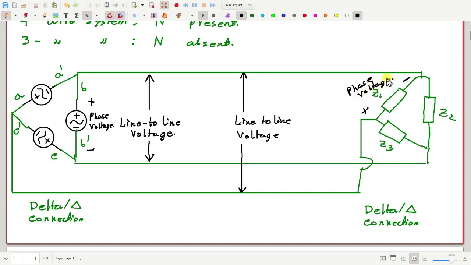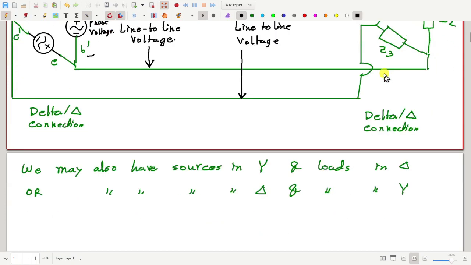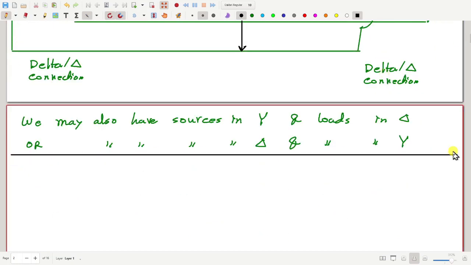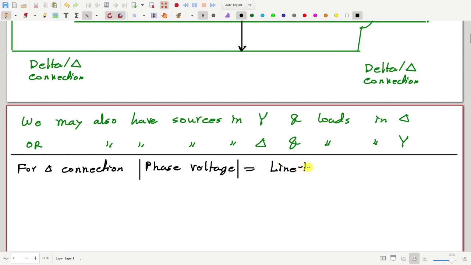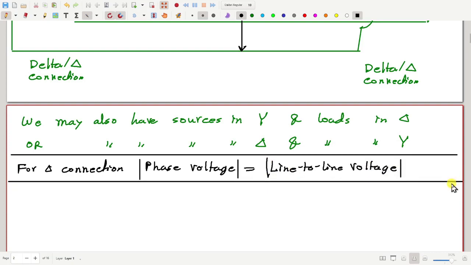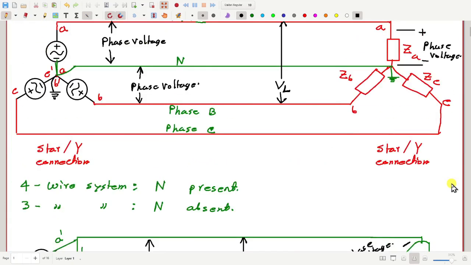So in delta connection, the magnitude of phase voltage is the same as the magnitude of line to line voltage. However, this is not true for star connection.